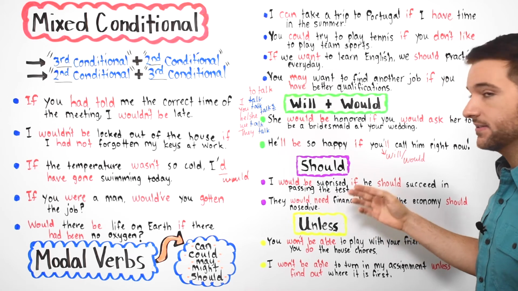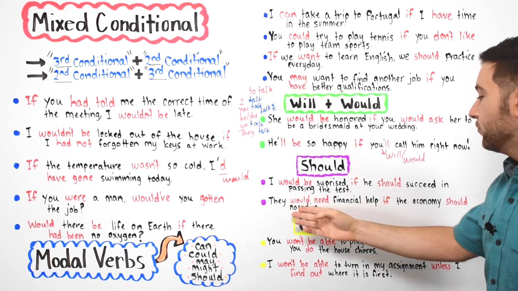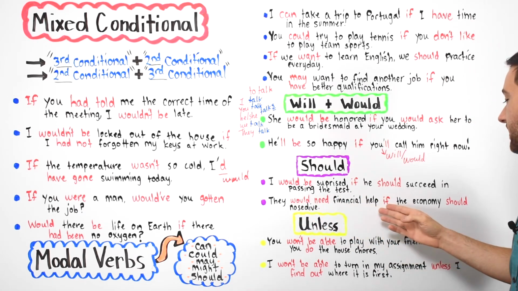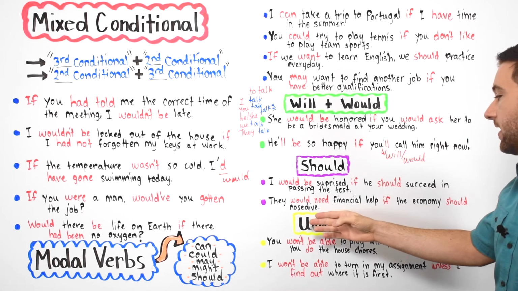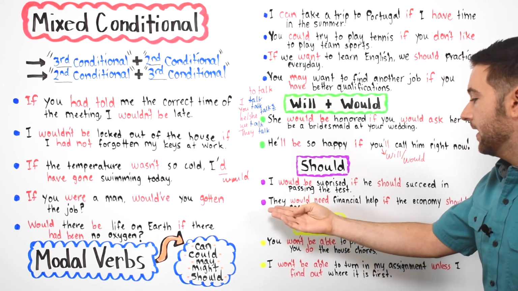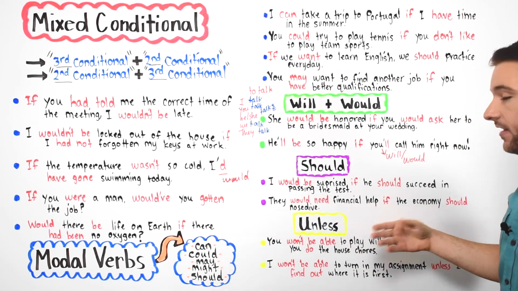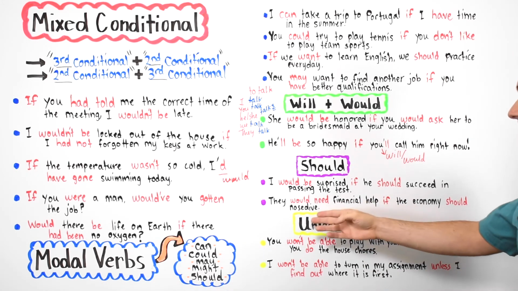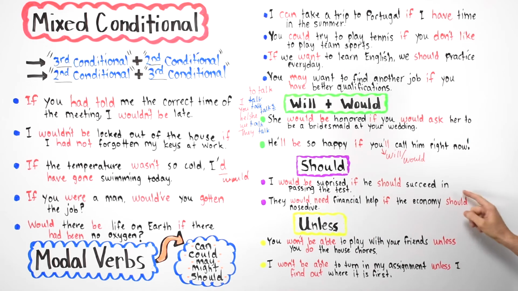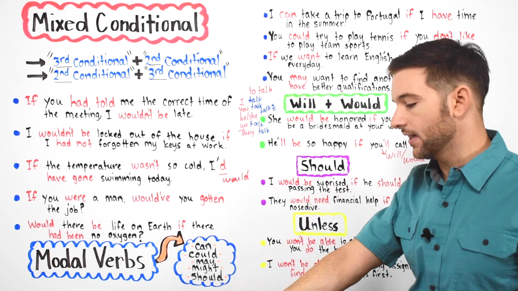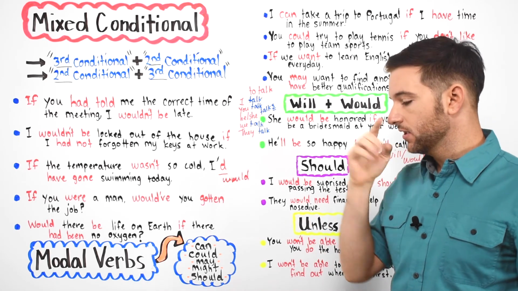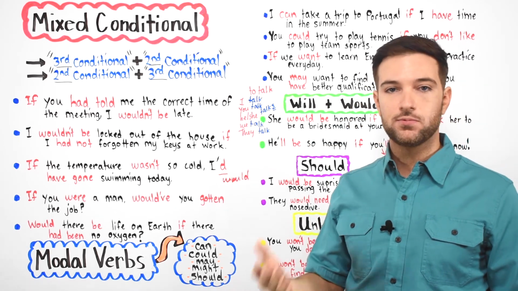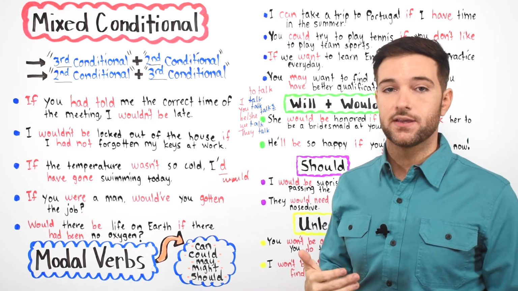They would need financial help if the economy should nosedive. So we're talking about how somebody would need help financially with money if the economy should nosedive. If in any case, if perhaps the economy nosedives. This is your nose. This is dive. You dive into a pool, you dive into water, okay?